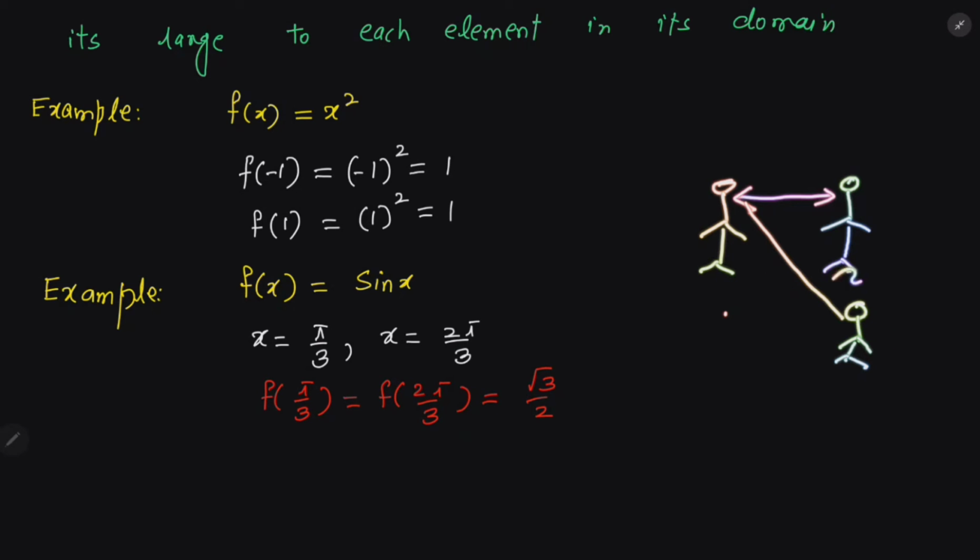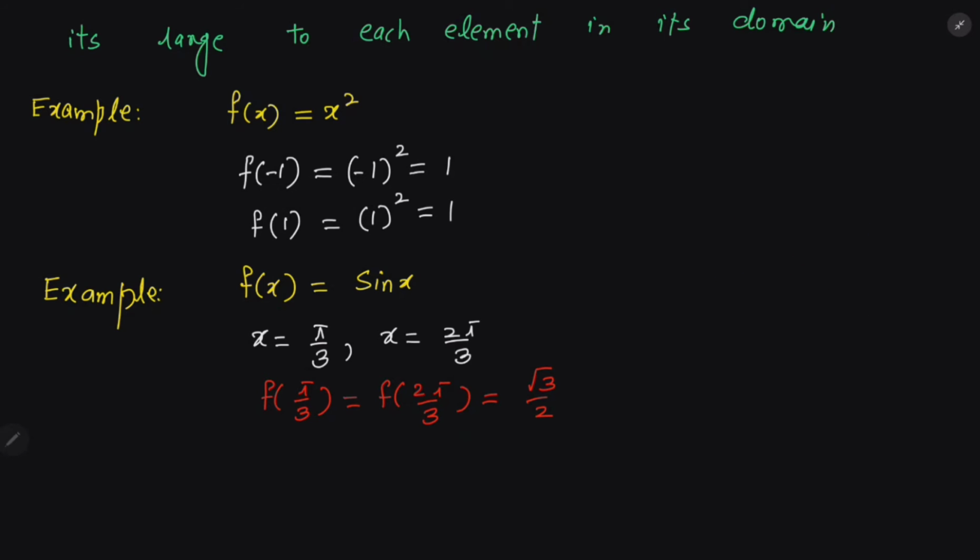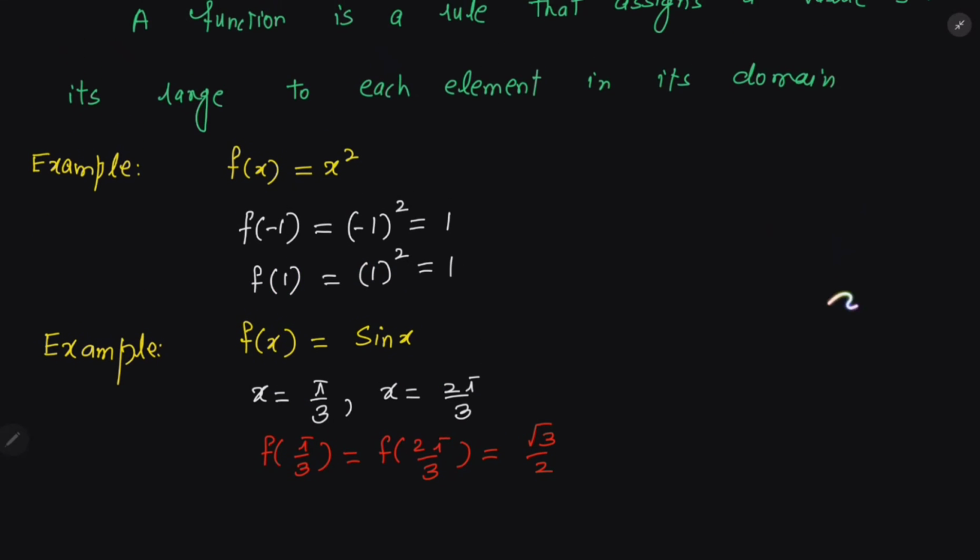So it is 1-to-2 or whatever that is. So one-to-one means that we should have one range value for each input value. These two examples do not define the one-to-one definition.